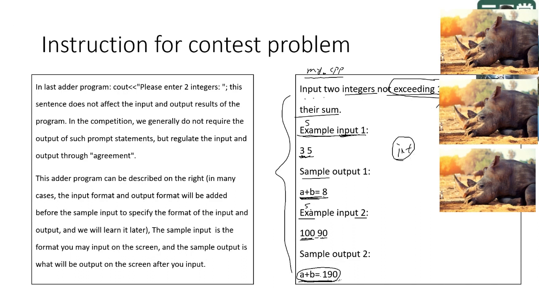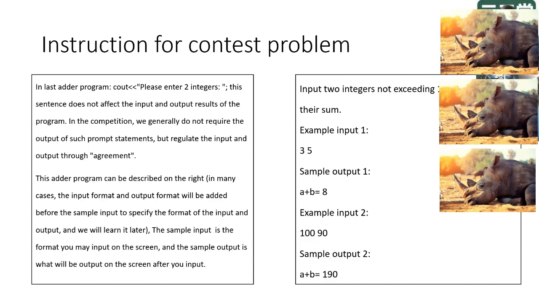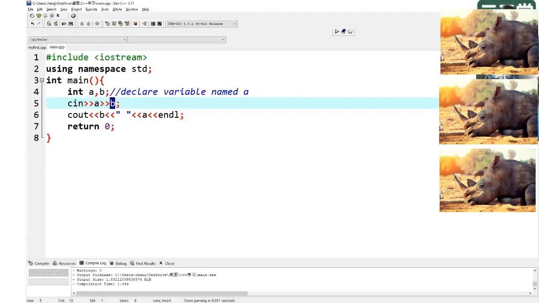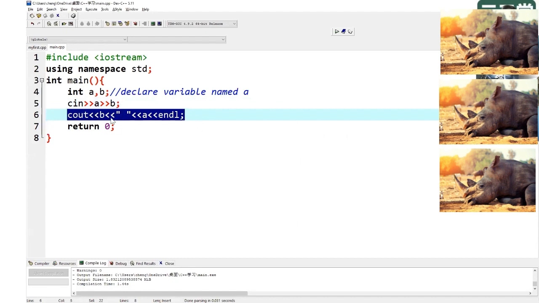So for example, we write this program for you guys as our last program, and we just compare. Here we got A and B, we cin A, B and get two numbers, because the system will give you two numbers.